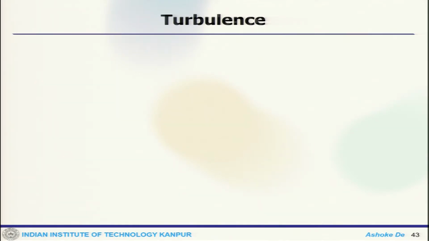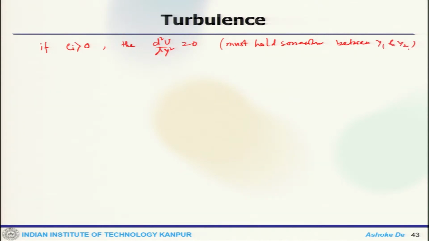Now, if c_i is greater than 0, then d2U by dy2 equals 0 must hold somewhere between y1 and y2. So, this is a necessary condition, but not a sufficient condition in general.